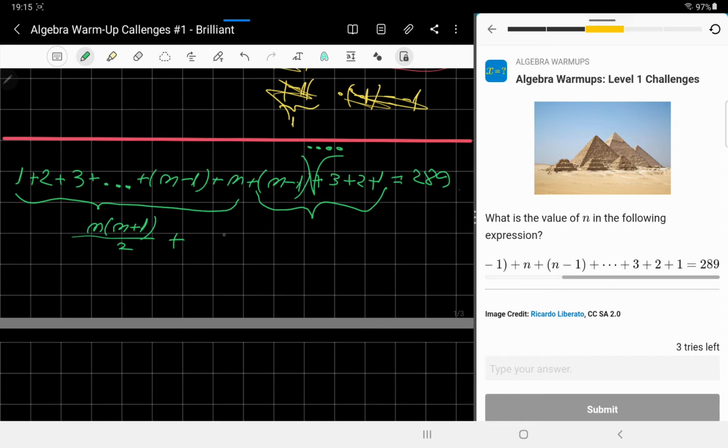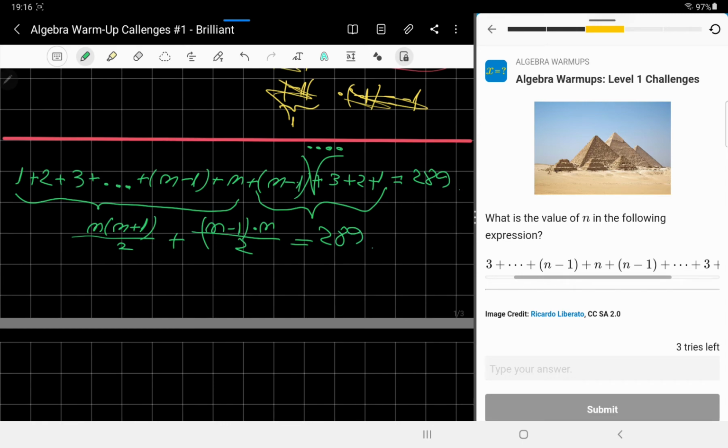So in this case, it would be n minus 1 times n over 2 equals 289.